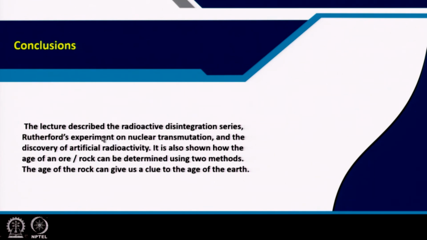Then artificial radioactivity developed by Irene Curie and F. Joliot, and then how the age of rock or ore can be determined using two methods, which can be related to the age of the earth. On the basis of the theory of radioactive decay and half life that we have learned, we can do these numericals. So, very important for radioactivity chapters. Thank you.